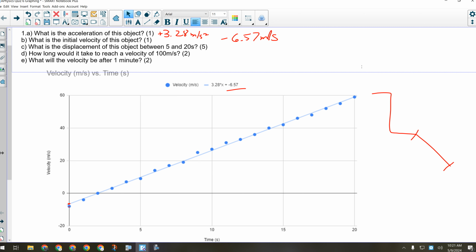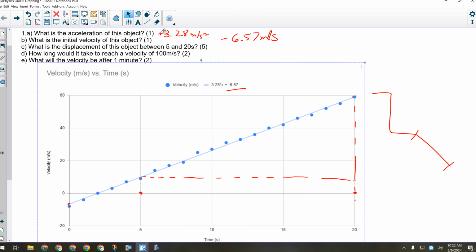We want to find the displacement of the object between 5 seconds and 20 seconds, right? So we're dealing with a 15-second interval for this part. I've got essentially these two types of motion that I'm going to deal with.